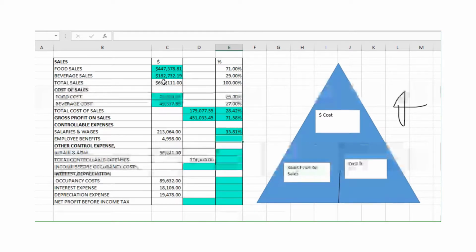Is this good? Is this bad? It's hard to tell. Again, the only way we get an idea of efficiency of an operation is by comparing it to a previous period. So for instance, if last period our salaries and wages were 31% and now it's gone up to 33.8, you could say that maybe we used a little bit more labor than we should have.